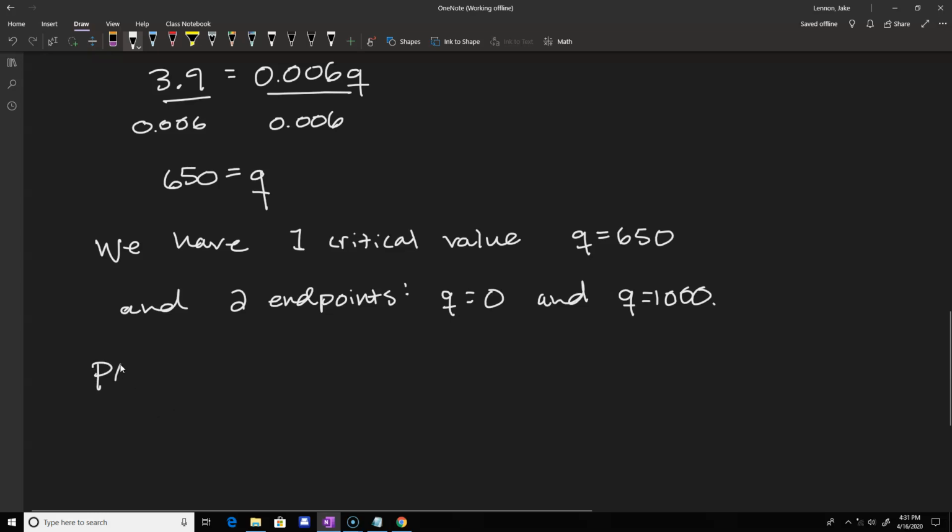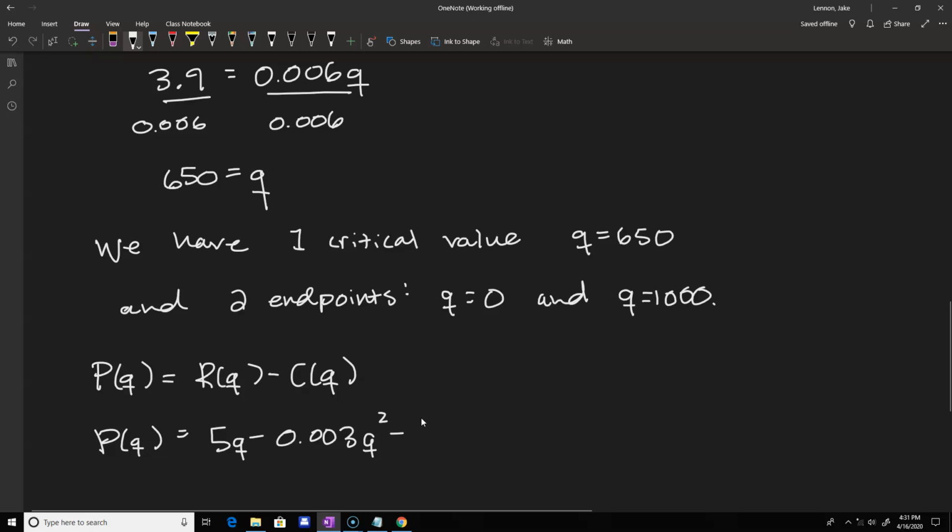So let's remember that our profit function P of Q is just R of Q minus C of Q, which again is just going to be plugging in those 2 formulas. So we have 5Q minus 0.003Q squared minus (300 plus 1.1Q).